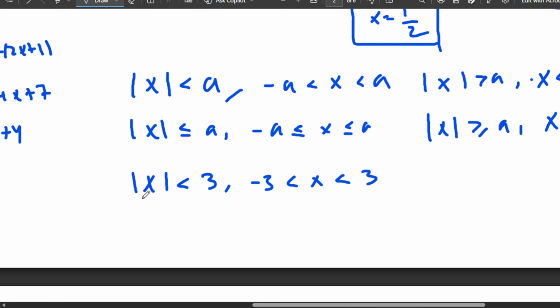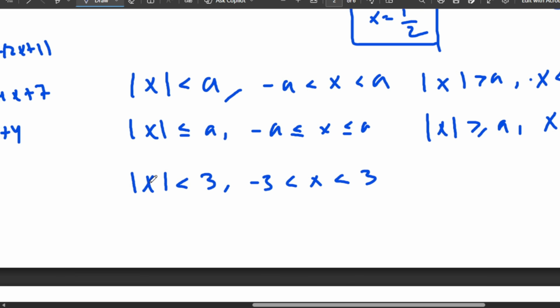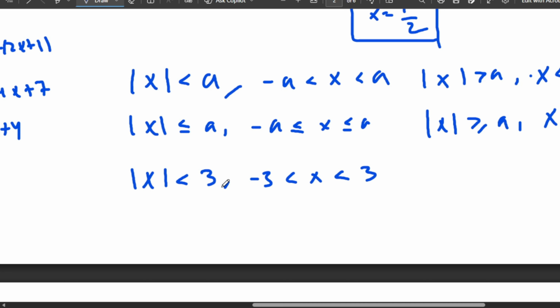Because we need to find an absolute value number which is less than 3, which is positive. Remember that if you take a negative, it will be a positive. So in between these, it will be less than 3. If you put negative 2, it will still be less than 3, as well as 2. Negative 1, it still would be less than 3. 0, it will still be less than 3. So our solution would be in between this.